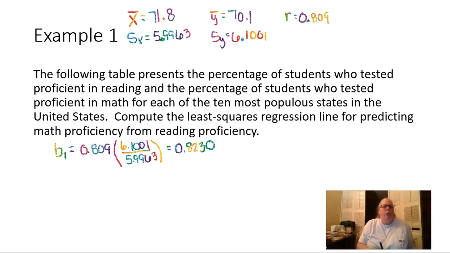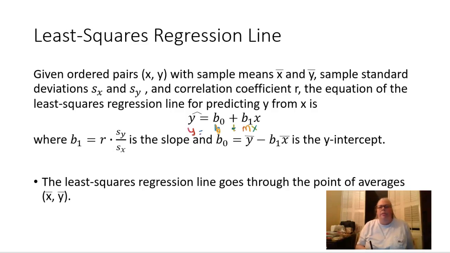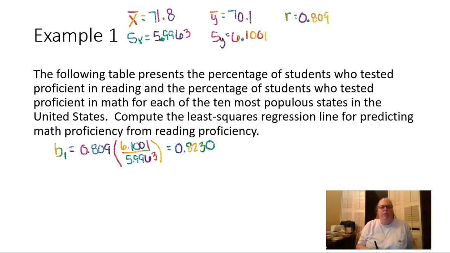Okay, now we're going to figure out what our y-intercept is. That's our b0. And we're supposed to take the y-average minus the slope we just found times the x-average. All right, so to find our y-intercept, we're going to take the average of the y's minus the slope we just found times the average of the x's.